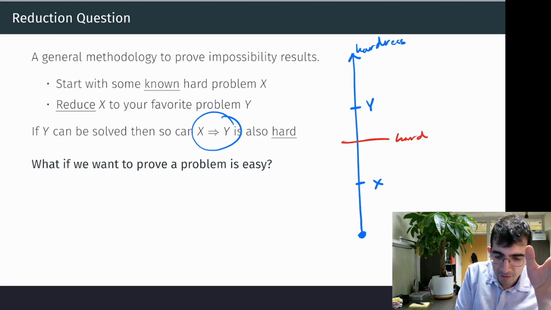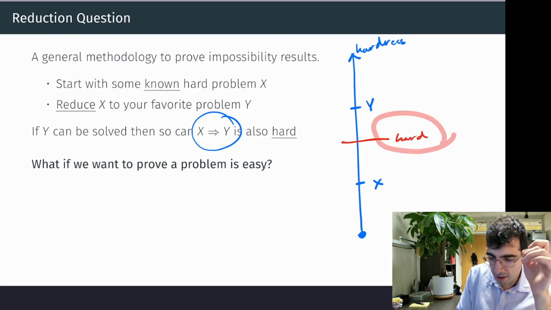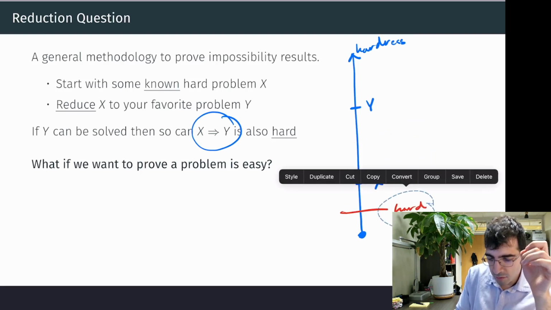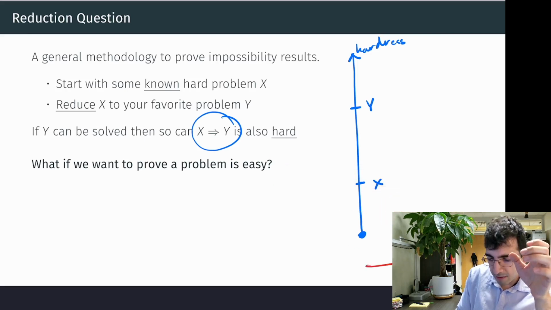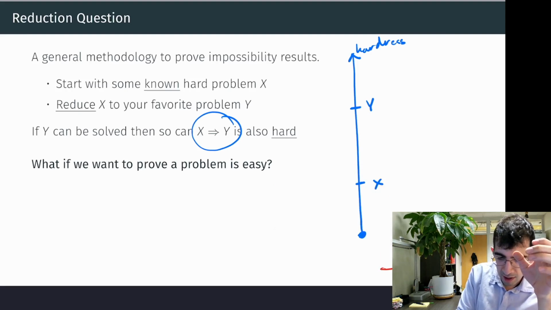Okay, to show something is hard, you have to first start out with a hard problem and reduce that hard problem to another unknown problem. Or to prove something is easy, you have to first have an easy problem.